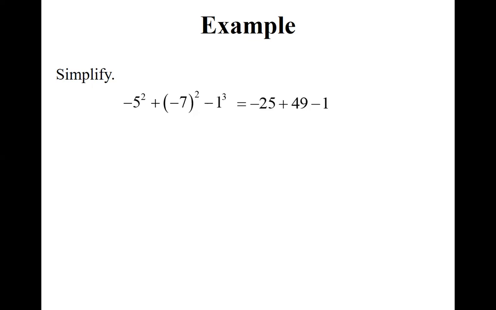So -5 squared without parentheses would be -25, plus (-7) squared with parentheses would be +49, minus 1 cubed, 1 times 1 times 1 is 1. Left to right, -25 plus 49 is +24.